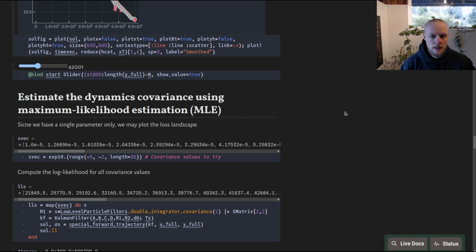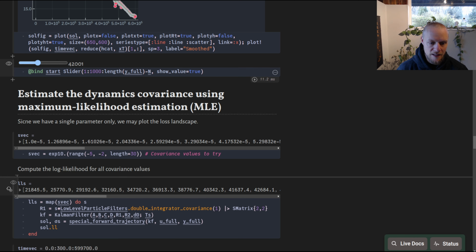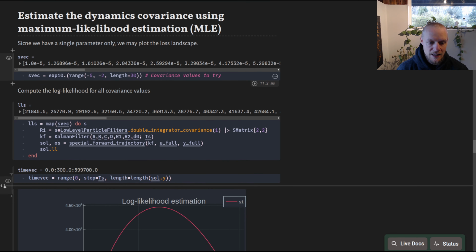And here we will just optimize the scalar multiplicative factor that multiplies the double integrator covariance matrices. And since this is a scalar case, we have only a single parameter we want to estimate, we can compute the log likelihood for an array of covariance parameters and then plot the result. So that's an easy way to optimize a scalar function. And I do that here.